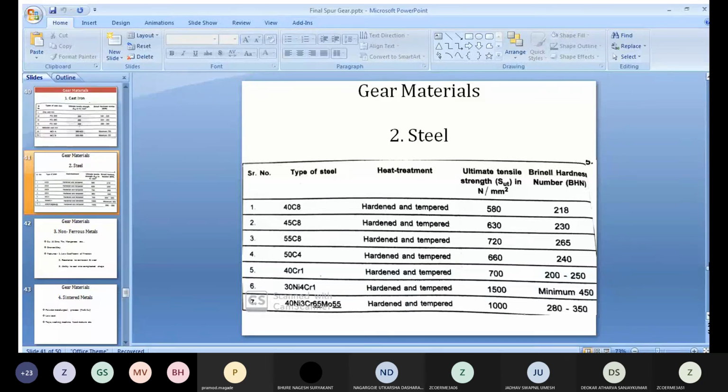So advantage, write down for the steel. First, high bending strength and surface strength.